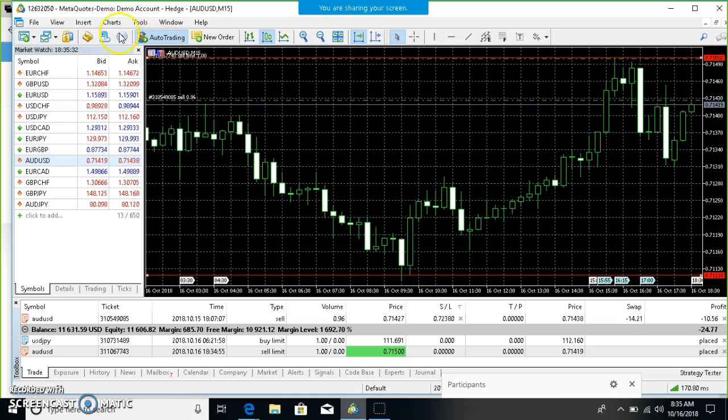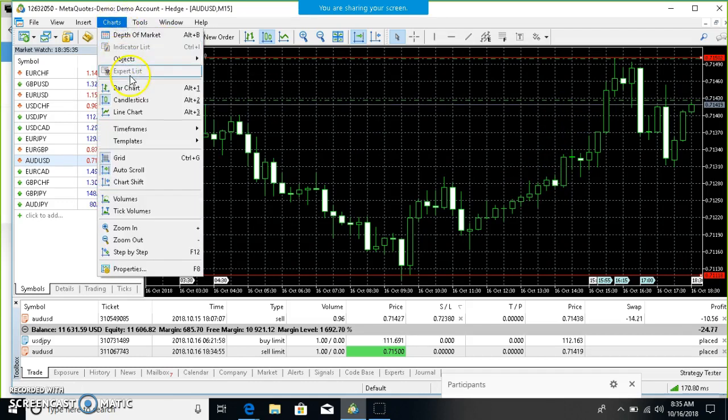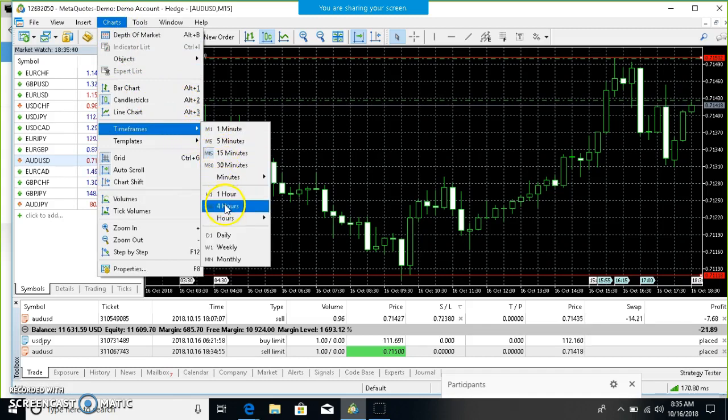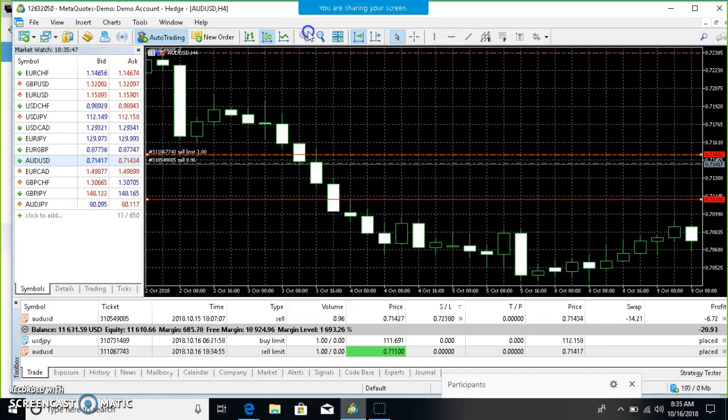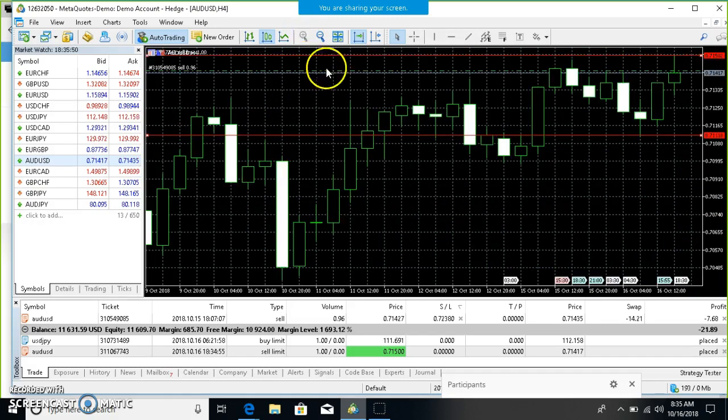Now I'm going to go back to the 4-hour chart so I can show you something. Okay, you can see it better now. Let me make it bigger by clicking this button. Now you can see where it hits 0.7150 here, and it almost hit it here. So you know that distance area, it probably won't make it up there and it'll just drop.